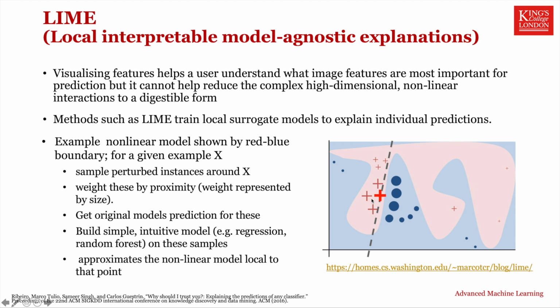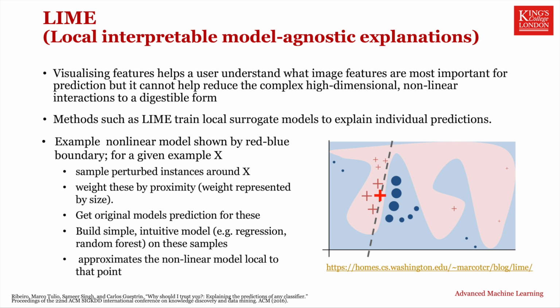We then obtain the predictions from the black box model for these, and then fit a much simpler intuitive model to these predictions. For example, we might use linear regression with Lasso or a random forest, where the features which these are built from will be simple hand-engineered ones.